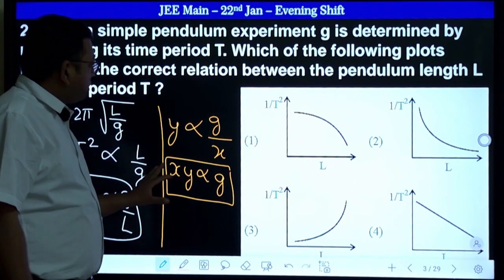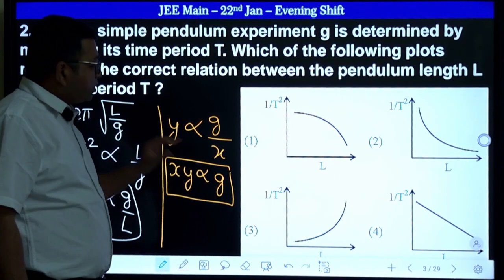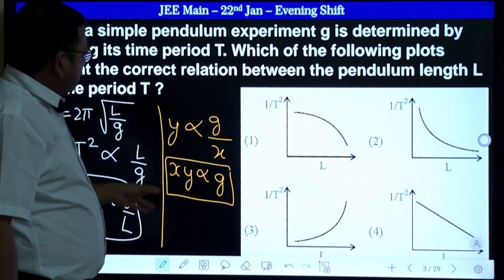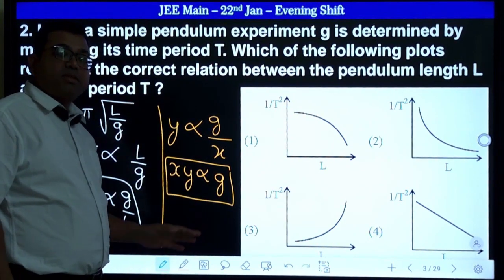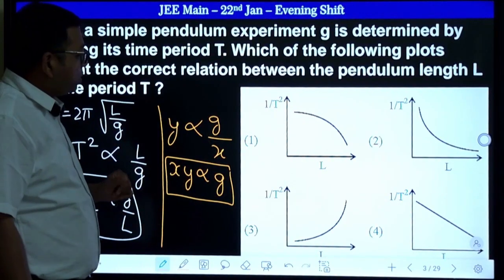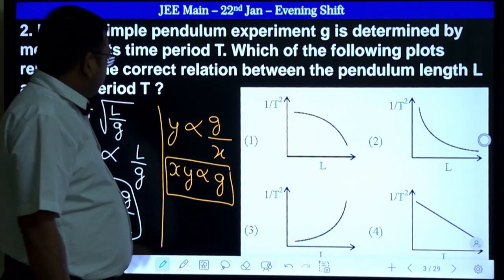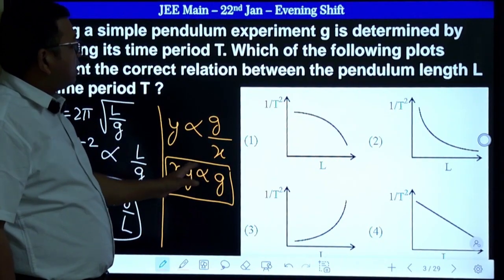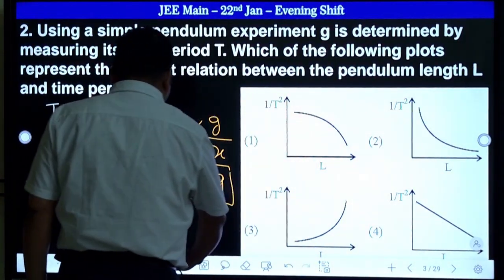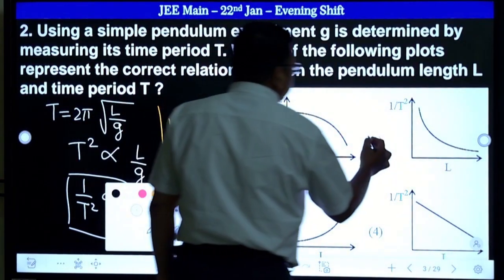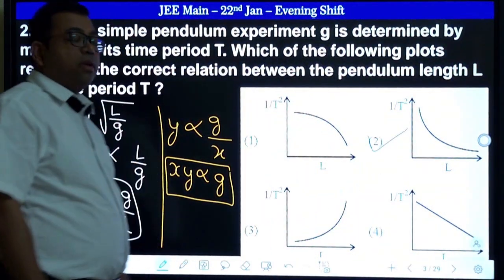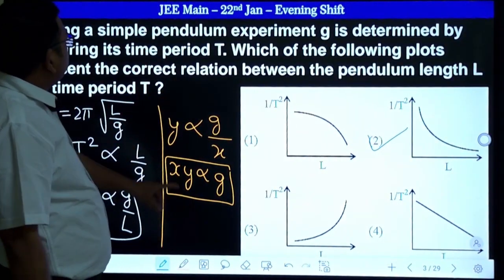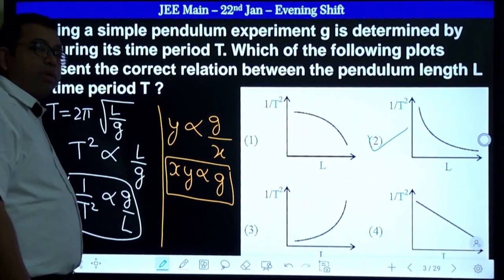Okay, so if you consider G as constant, then xy is constant means it is a rectangular hyperbola. You know such type of graph. So 1 by T square, x and y proportional means you can go for this graph.